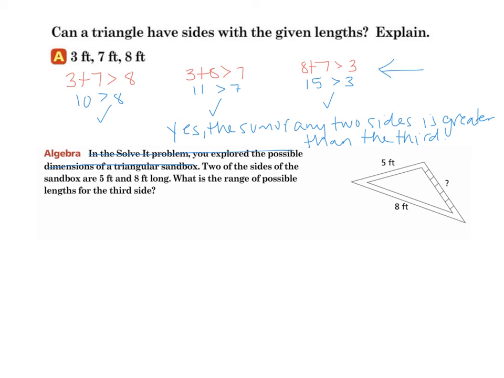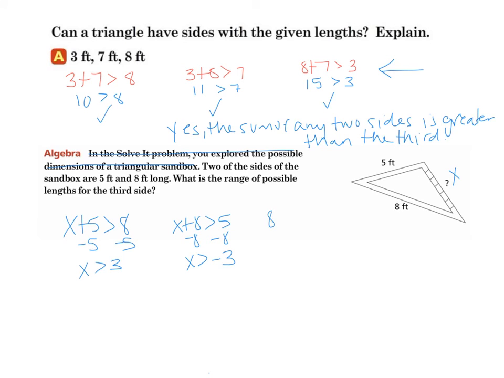So doing what we did up above, we can actually use all three sides and create three different inequality formulas here. So we know that in order for it to work, x plus 5 must be greater than 8. Well, if that's the case, we can just solve and figure out what x is, so x needs to be bigger than 3. We also know that x plus 8 needs to be bigger than 5. So what that means is that x needs to be greater than negative 3.